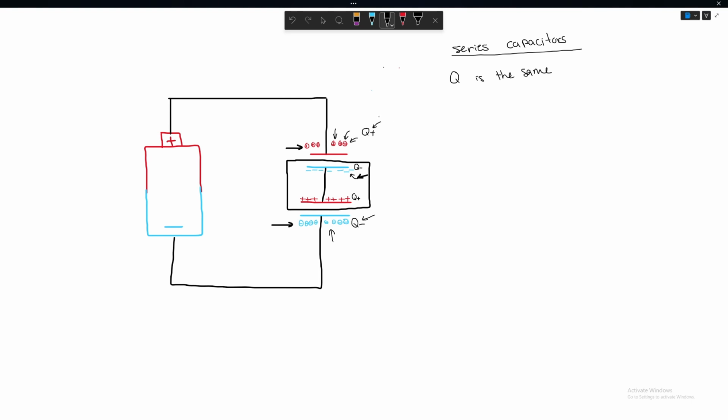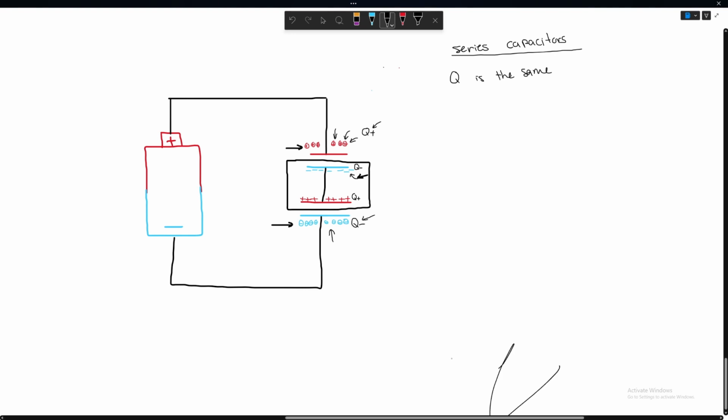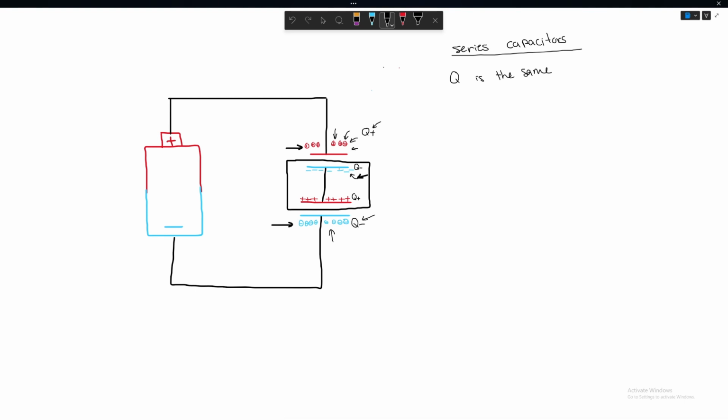Now, okay, let's think about then the potential difference. Is the potential difference the same across? And now when it comes to potential difference, what is the potential difference in a series? Well, obviously here, remember, at the negative side of it, we have a potential difference of 0.